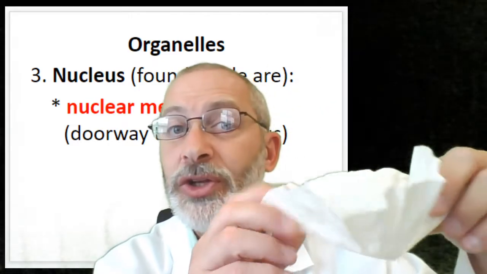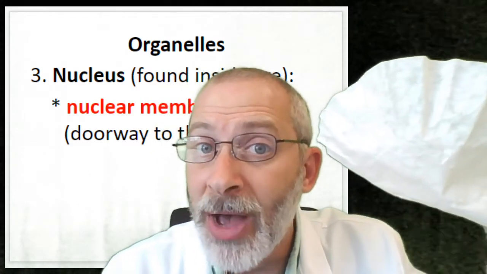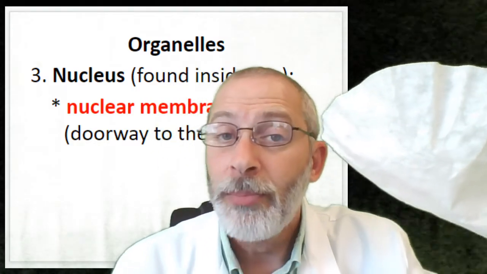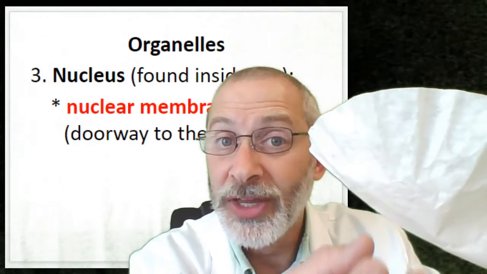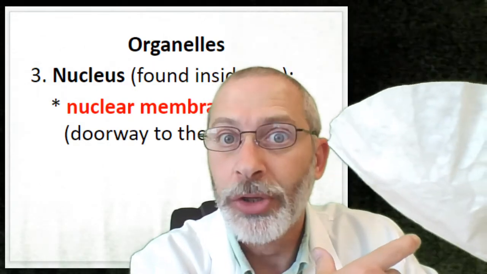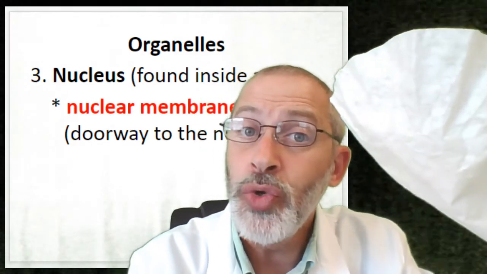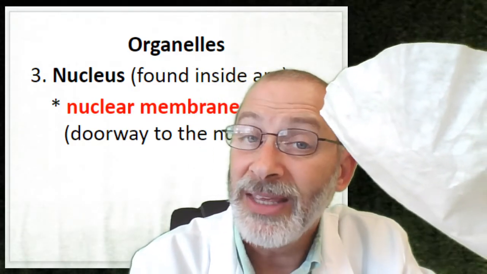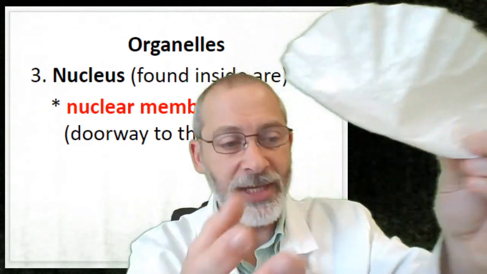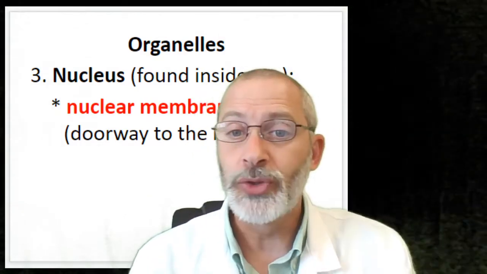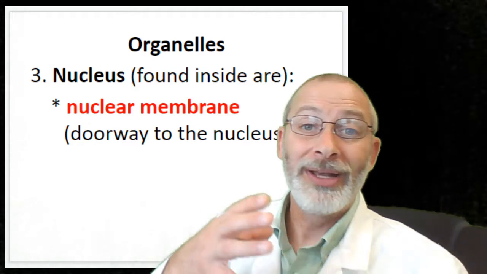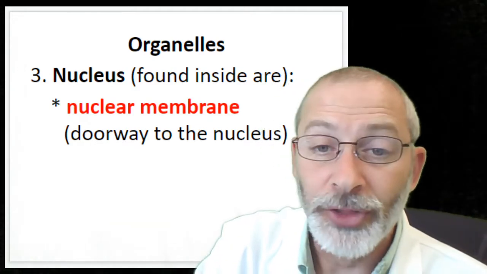This filter is also semi-permeable, but it allows even fewer things through than that strainer we looked at before. So this is kind of a good example of what the nuclear membrane is like. It's even more selective as to what can get in and what can get out of the nucleus.